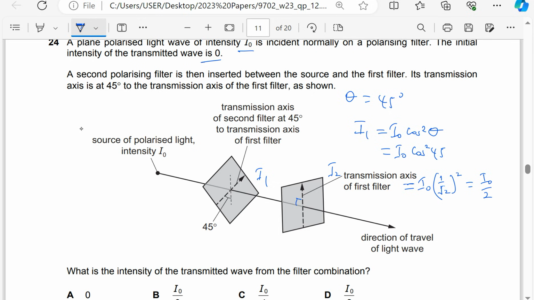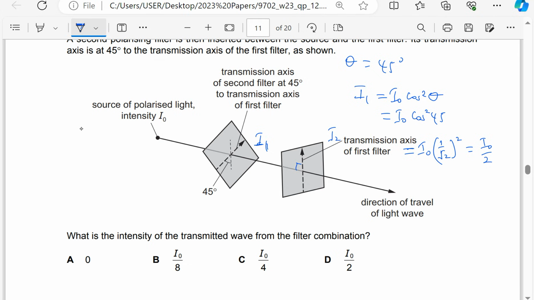Then the I1 which goes through the first filter should now enter into the second filter through the same angle, 45 degrees. So I2 is going to be I1 cos squared of 45. So I2 is going to be I naught over 2 times again 1 over root 2, squared.